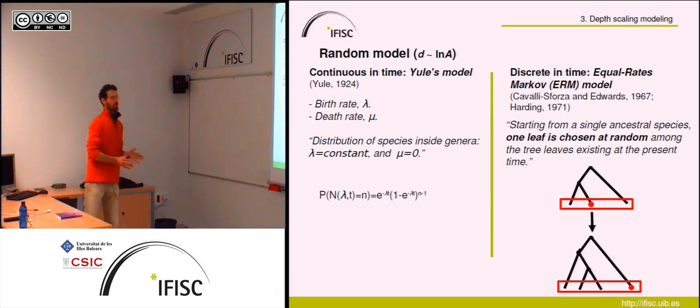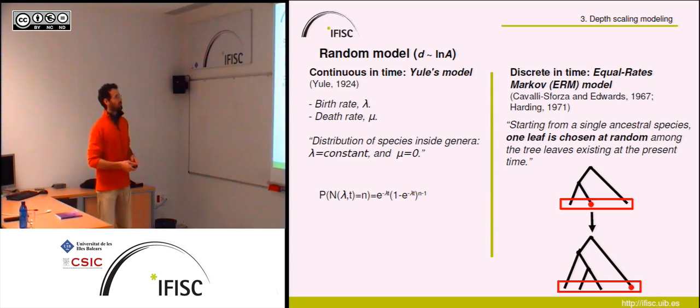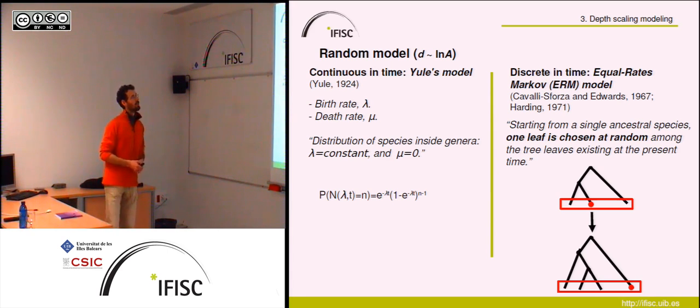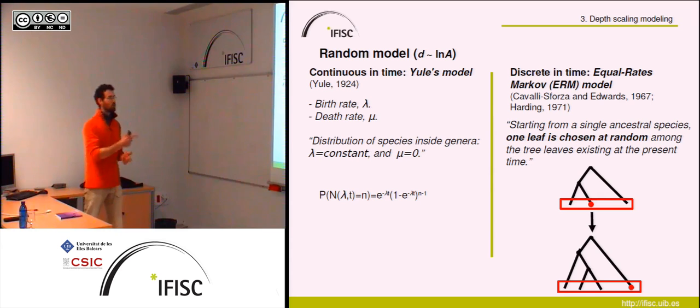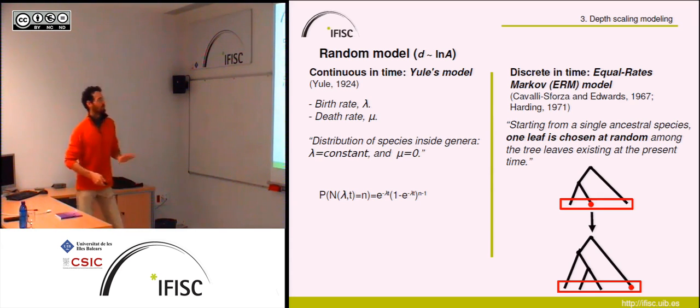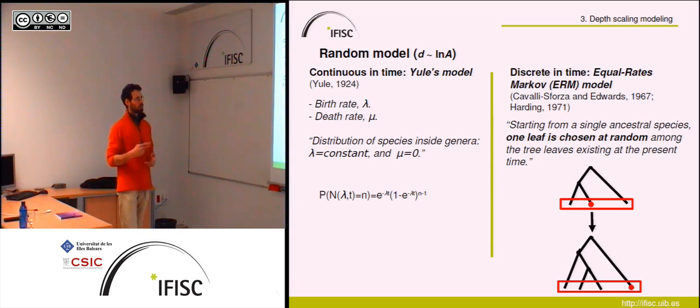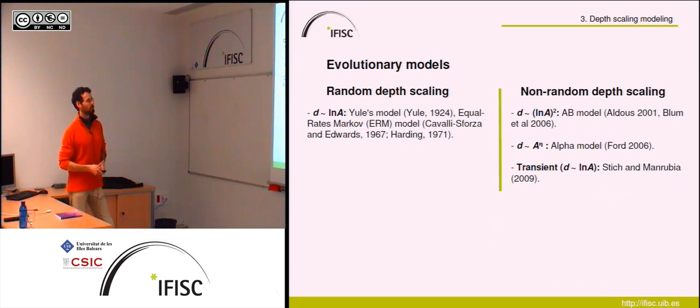This model was continuous in time, but some decades later a random model, discrete in time, was proposed, called the equal rates Markov model. This is the one that we used in the first section. In this model, starting from a single ancestral species, one leaf is chosen at random among the different tree leaves existing at the present time, and it speciates.